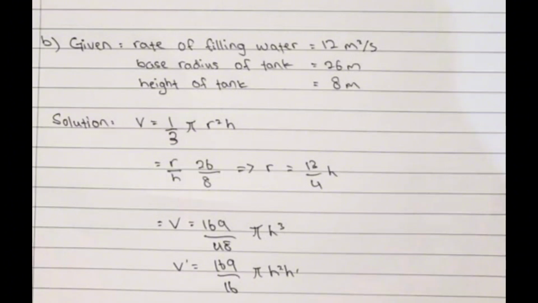V prime equals 169 over 16 pi h squared h prime.